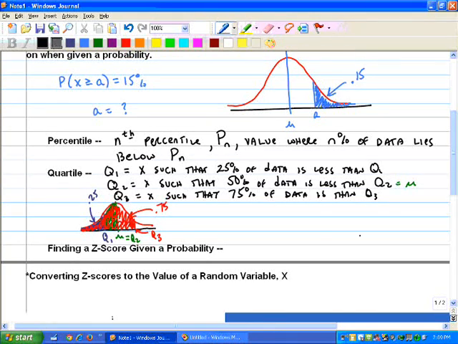As far as percentiles go, for a normal curve, the 60th percentile, or P60, would be the value on the x-axis where the area under the curve to the left of P60 is equal to 0.60, or 60%.